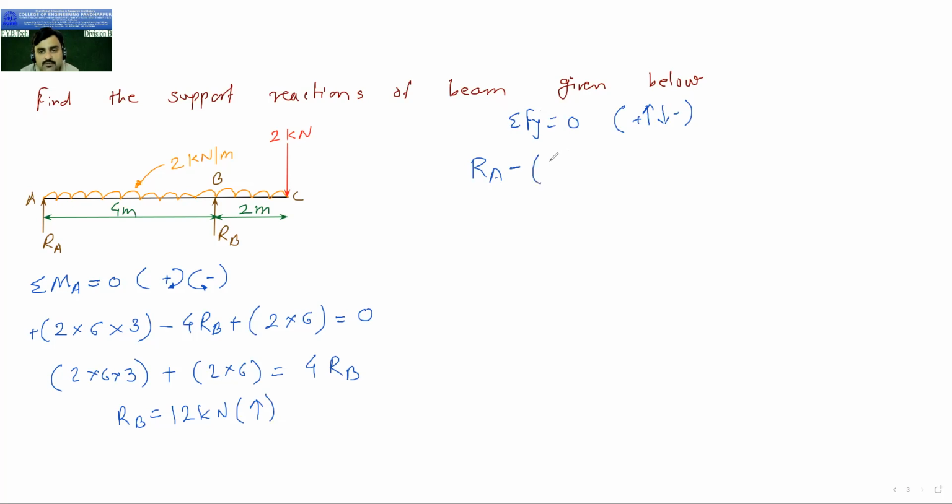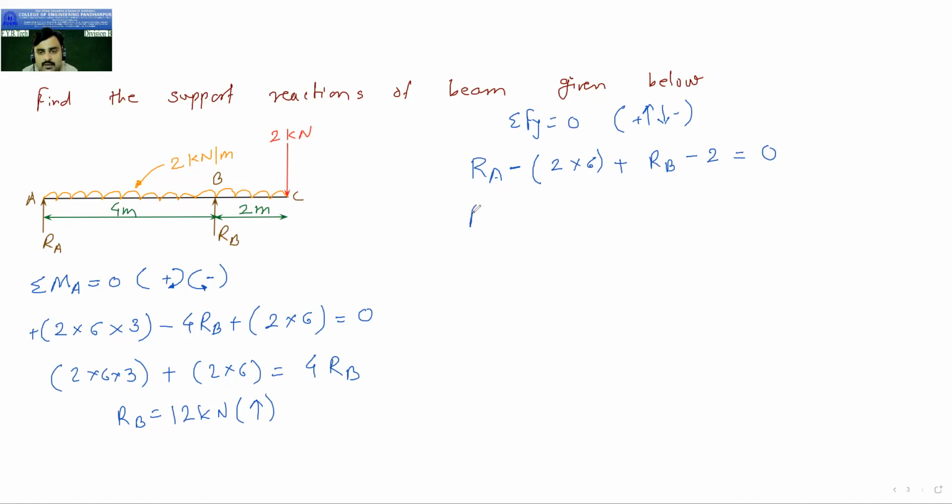So intensity of the UDL is 2 and the span of UDL is 6. Okay, so 2 × 6, it is conversion of UDL into the point load. This is not the moment, this is the conversion of UDL into the point load, plus RB moving upward, and then minus 2 moving downward, which is equal to 0.